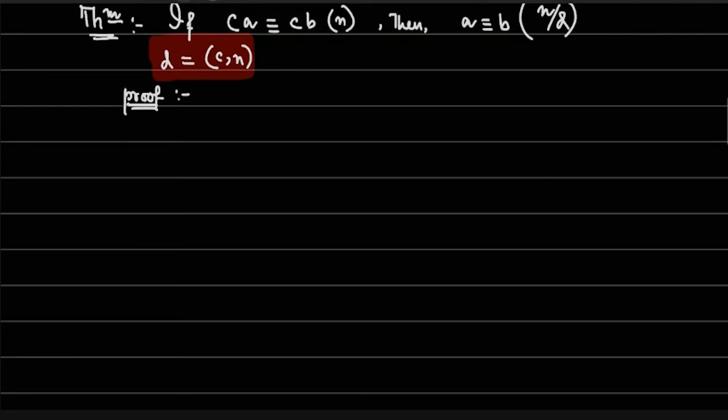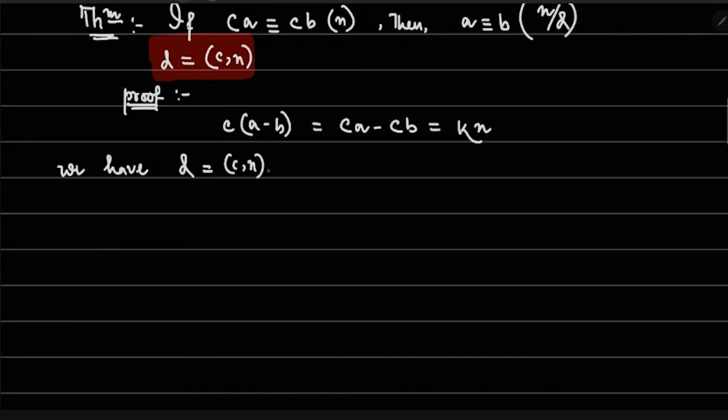So we have CA congruent to CB mod n. So what can we write from here? We can simply write that C into A minus B, that is equal to CA minus CB, that is some integer multiple of n, Kn, and K is some integer. We have D is equal to GCD of C comma n.